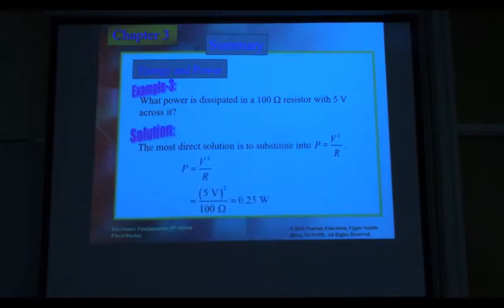V squared equals 25 over 100. That is 25%. So 0.25, a quarter. A quarter what? A quarter unit. Don't forget the unit. Watt. 0.25 watt.